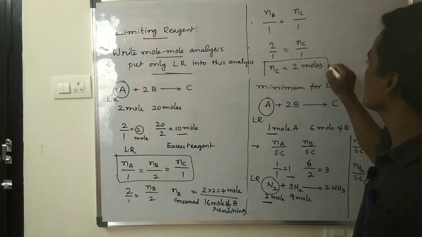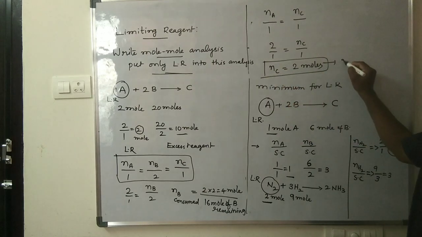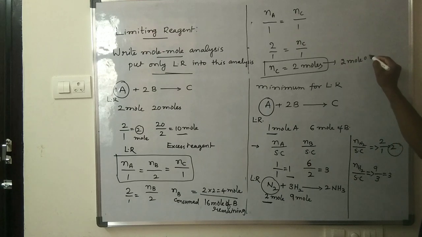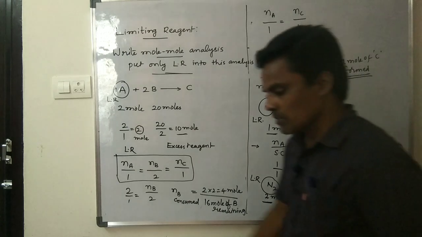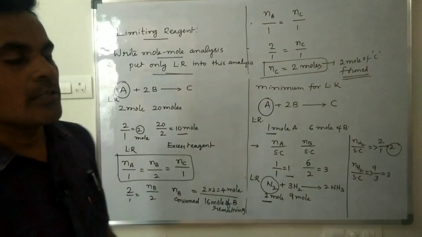So 2 moles of C are formed during the reaction. So this is the mole analysis.